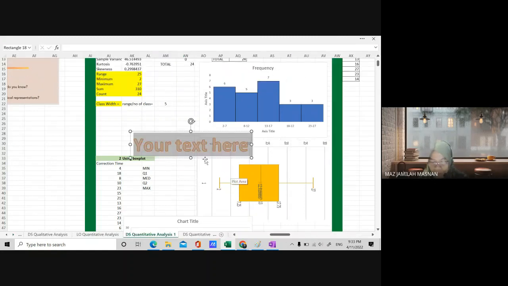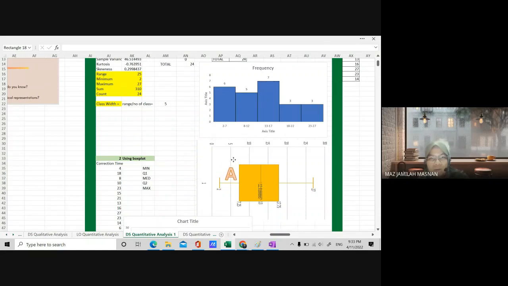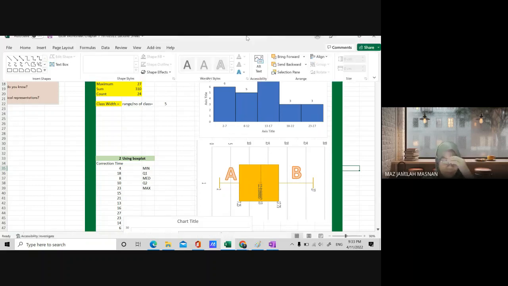Let's say I'm talking about this A here, and then I have B here. What is the difference for the whiskers A and B, class? Can someone tell me? Are you all with me?